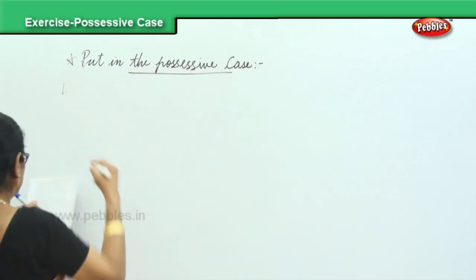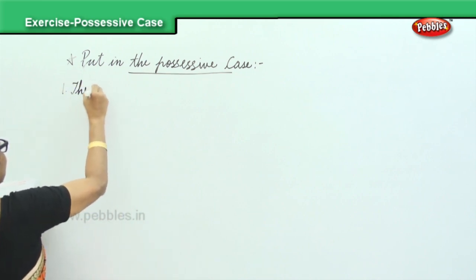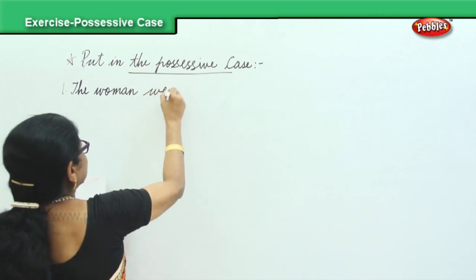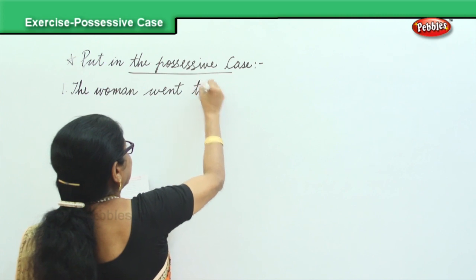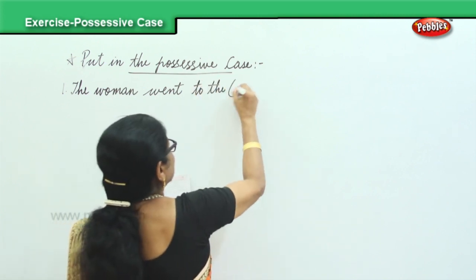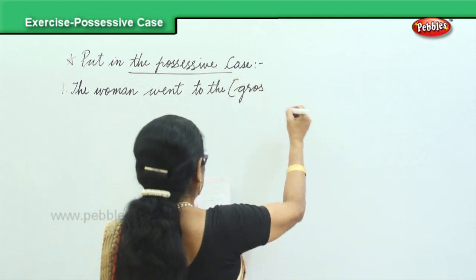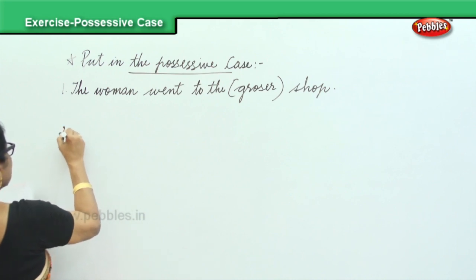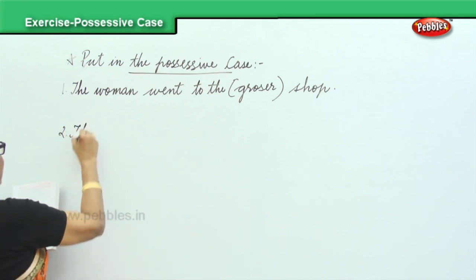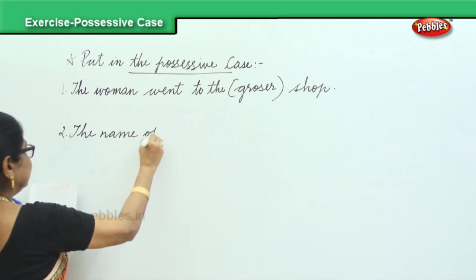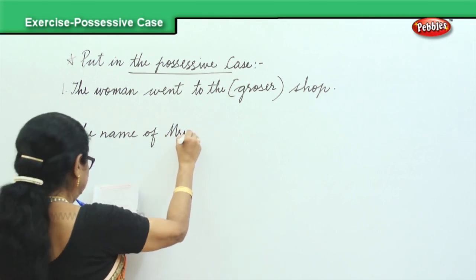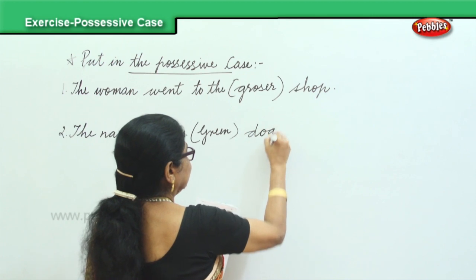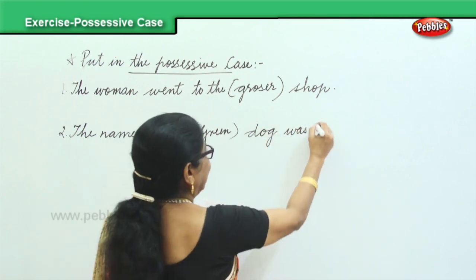The woman went to the grocer shop. The name of Mrs. Green dog was Blackie.